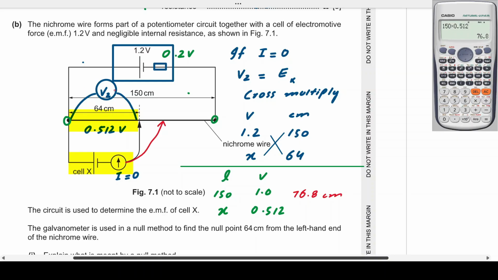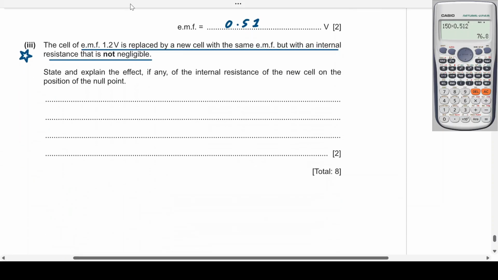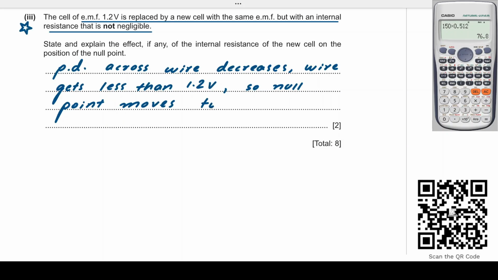That's for sure. It would be greater than 64, depending on how much of the voltage is dropped inside the internal resistance of the battery. So the voltage across the wire decreases, so the null point will move to the right side.